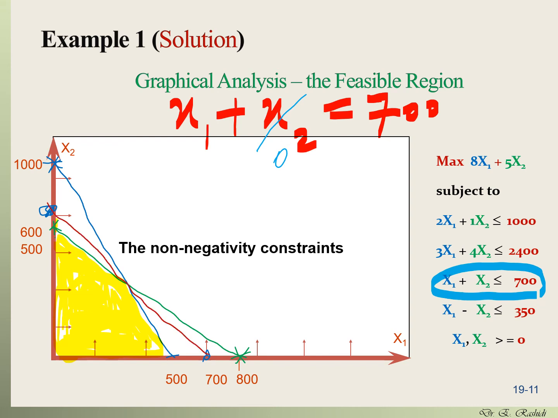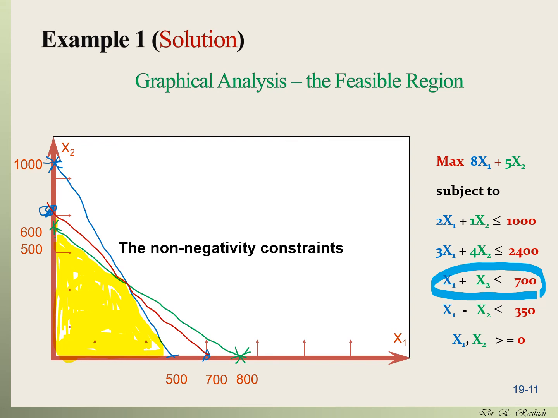All right. Now it's time to figure out the feasible side. Is it this side or is it on the left for this constraint? Let's actually test this point: x1 is 800, x2 is 0.